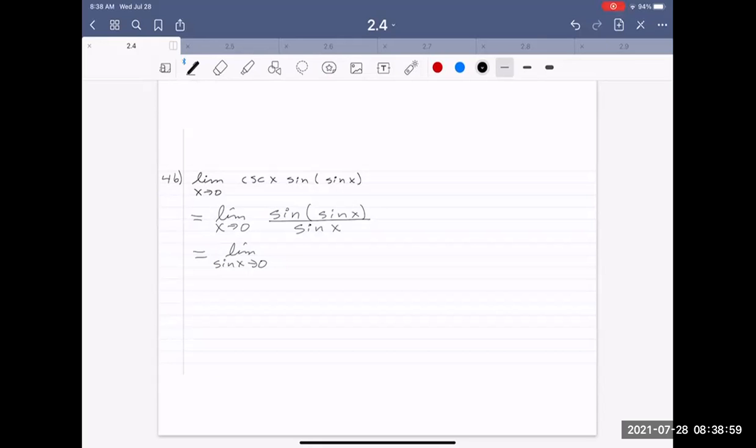And so the sine of x divided by sine x, put parentheses here. So I have the limit as blah goes to 0 of the sine of blah divided by blah approaches 1.